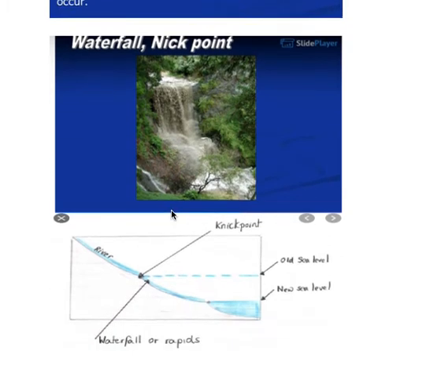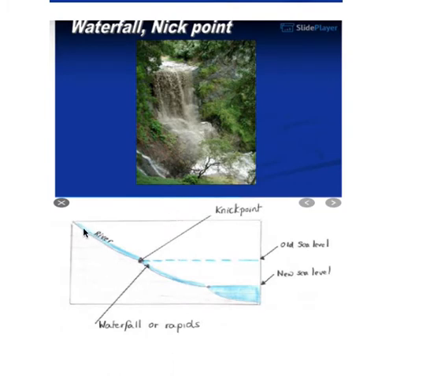Now understand the knickpoint from this diagram also. Suppose the river was flowing here and this was the old sea level, and the river was merging in the sea here.